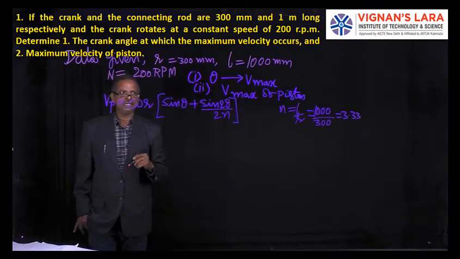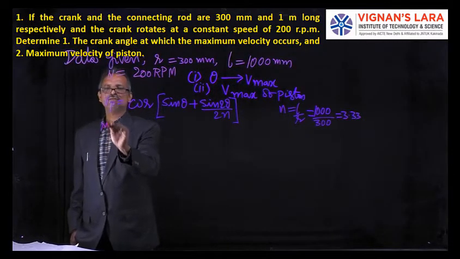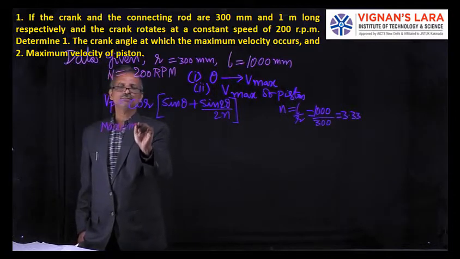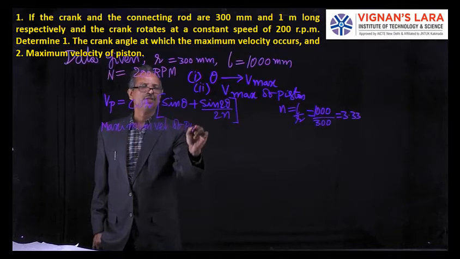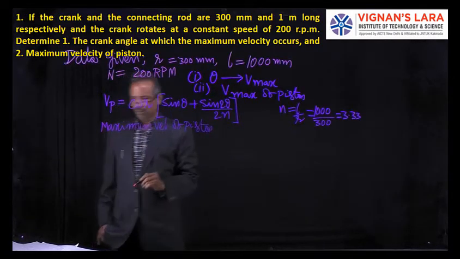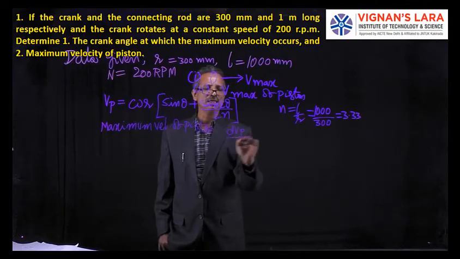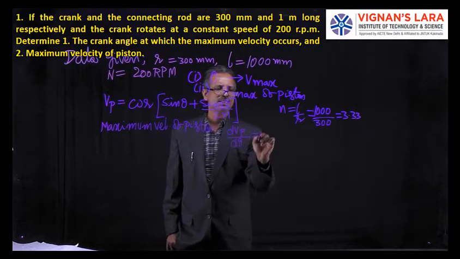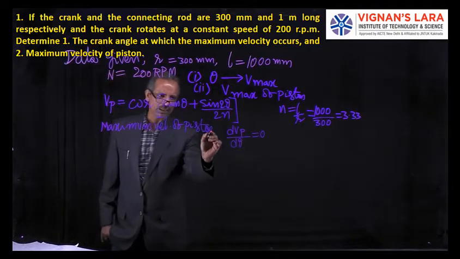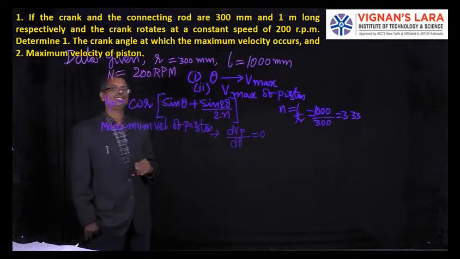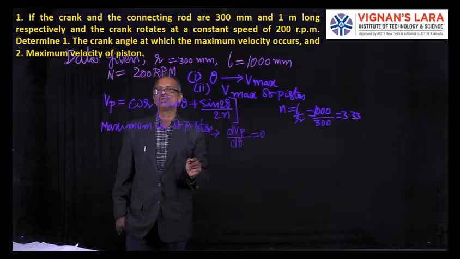My requirement is where the velocity occurs maximum. So what is the condition for maximum velocity of the piston? If you equate dVp by d theta to 0, the theta value where the velocity is maximum can be obtained by differentiating the velocity equation with respect to theta and equating it to 0.